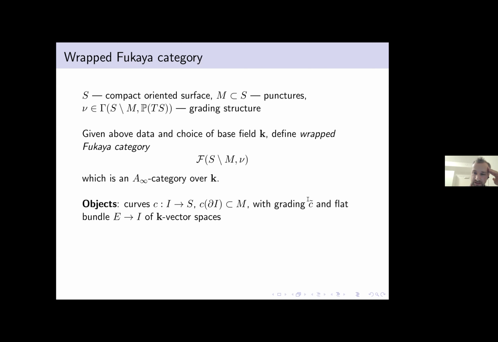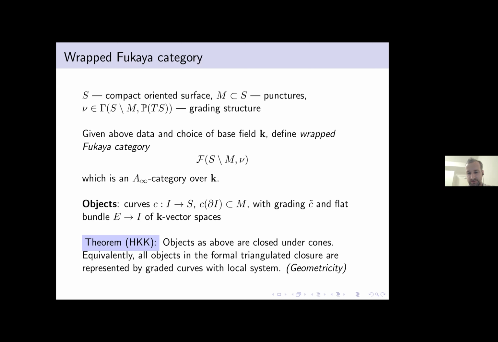They also come with some grading, which you can think of as a homotopy between this line field nu and the tangent spaces of my curve C. And they also come with a flat bundle of k vector spaces. That could be just a trivial one-dimensional bundle, but it's also useful to consider more generally a higher dimensional, but still finite dimensional, flat bundle over it.